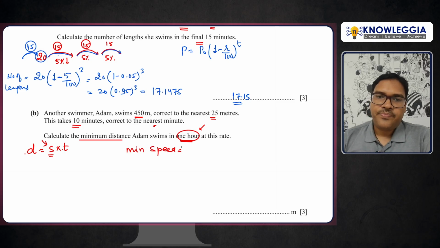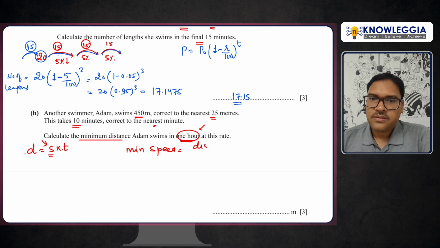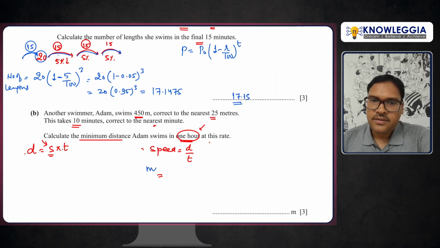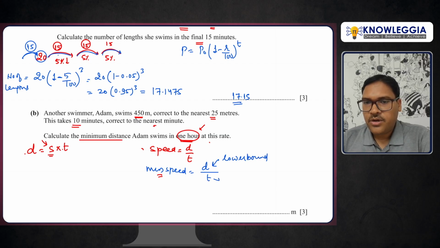See, what is the speed? This is distance upon time. So let me write d upon time. Now just observe this. If you have to write distance upon time, the minimum speed, for minimum speed, for distance we will put the lower bound, and for time we will put the upper bound.